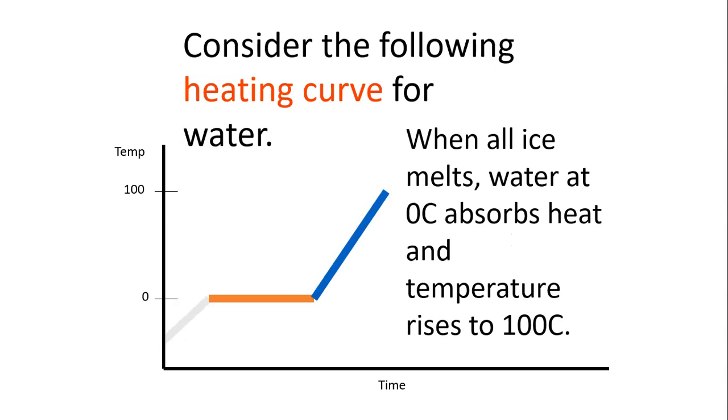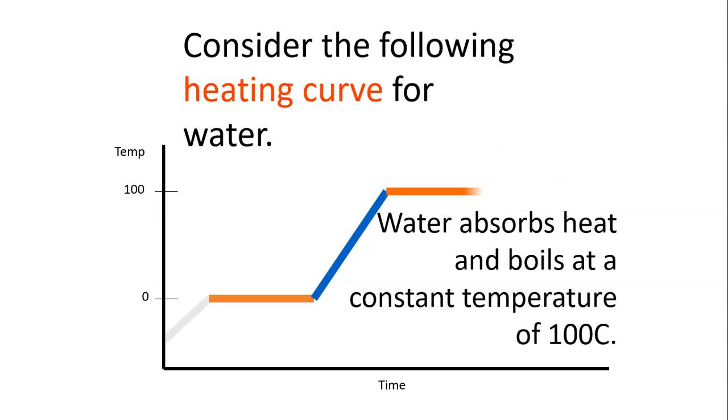So once all that ice has melted, once it's a liquid, it starts to absorb heat again. The liquid starts to absorb heat until it reaches 100 degrees. At 100 degrees, water boils. Okay, what's happening in that part of the phase change right here where water is boiling? Water is attempting to turn from a liquid to a gas.